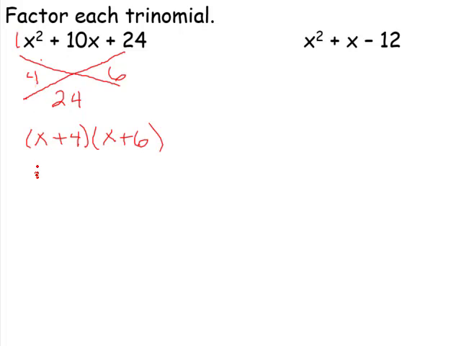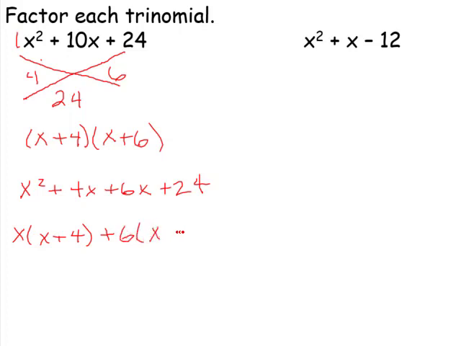The reason I was making you do all the work, which looks like x squared plus 4x plus 6x plus 24, and then factoring by grouping, factoring out the x, which leaves x plus 4, factoring out the plus 6, which leaves x plus 4, and then factoring out the x plus 4, which leaves x plus 6, is because that's the method we're going to have to use today on our lesson when the coefficient is not 1.